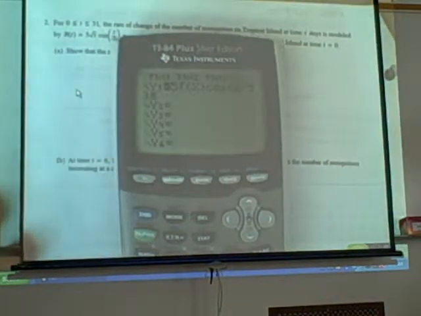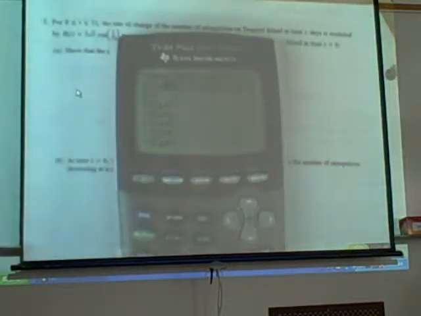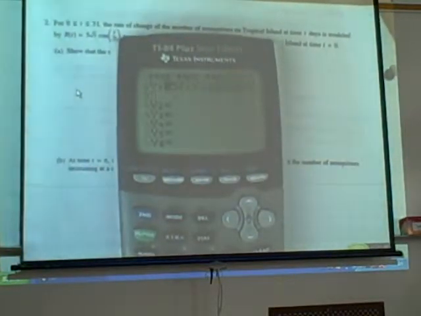That's how I've typed it in: 5 times the square root of x times the cosine of x over 5. So x is the number of days.